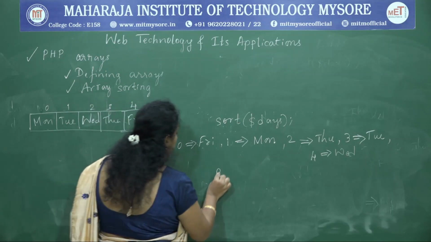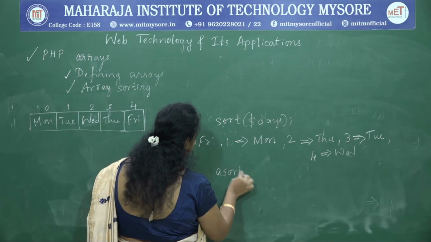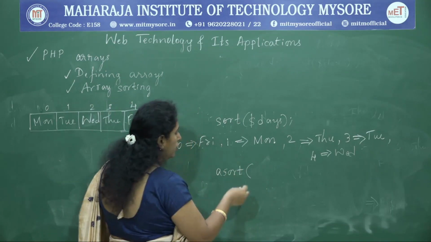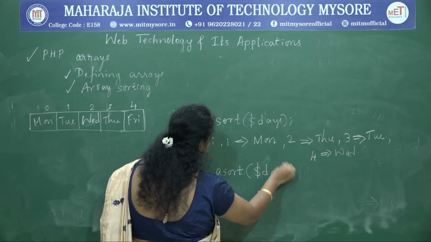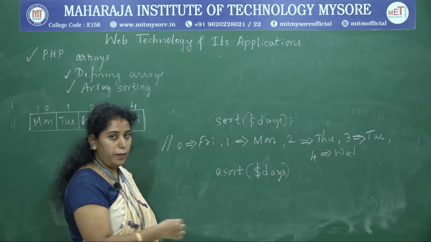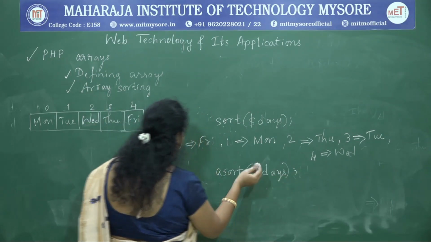So that's why it is better to make use of asort. What it does is sort the elements of an array with respect to its keys. How?